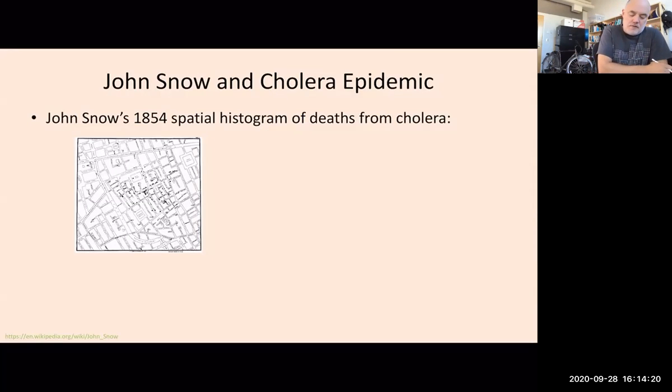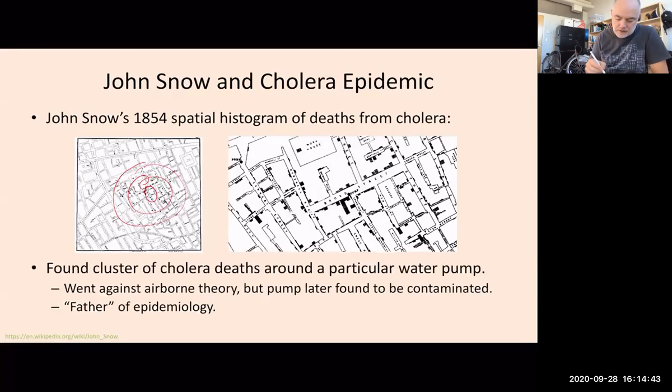John Snow, the father of epidemiology, so to speak, noticed a pattern when he was trying to figure out what was going on with cholera. When he looked at maps of central London, he saw increasing density of cholera-related deaths. It turns out that they surrounded a central water pump.